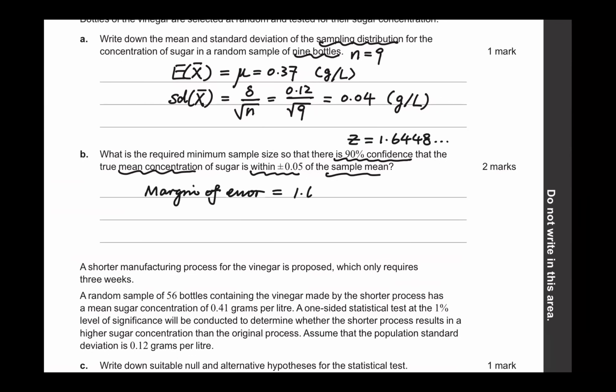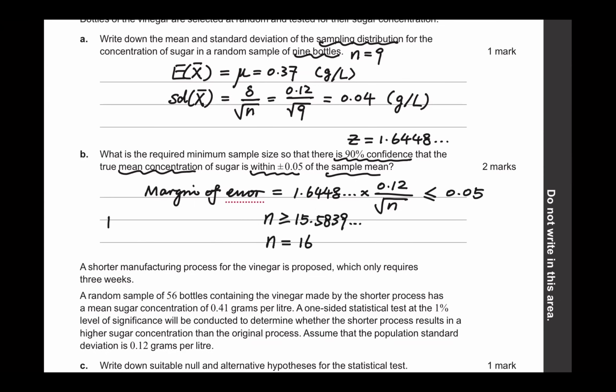This is Z times sigma divided by root n is less than or equal to 0.05, okay? And if you solve this by your CAS calculator, you should be able to get n greater than or equal to 15.5839 something. So the minimum whole number sample size is 16, okay, according to the inequality.